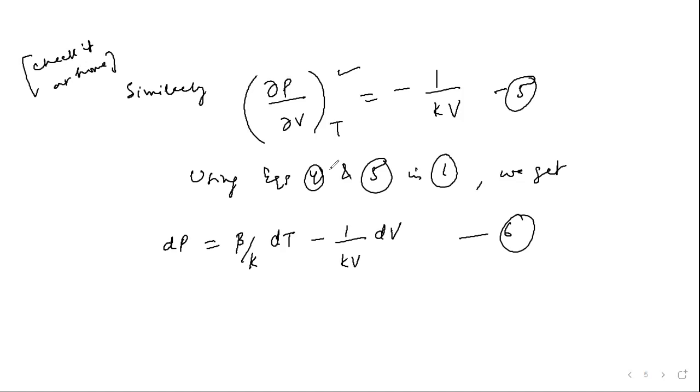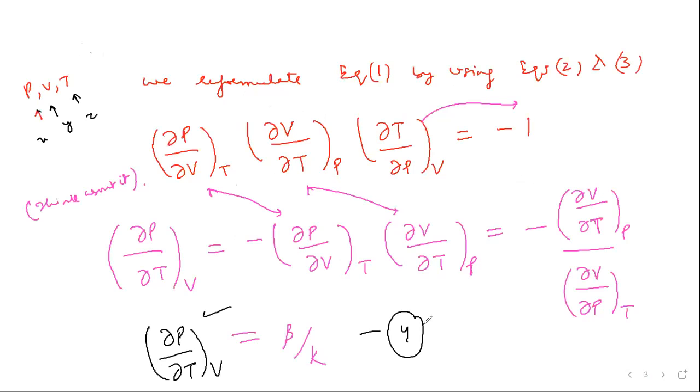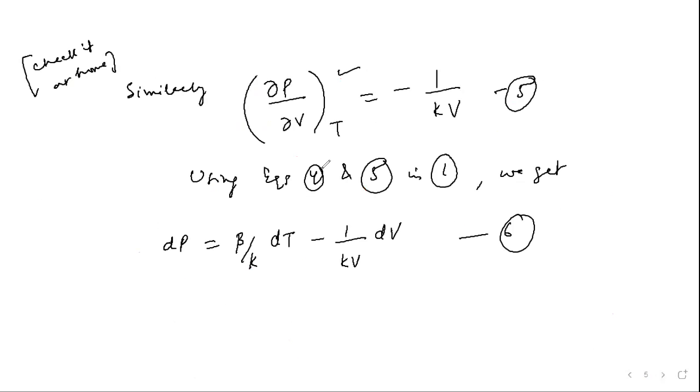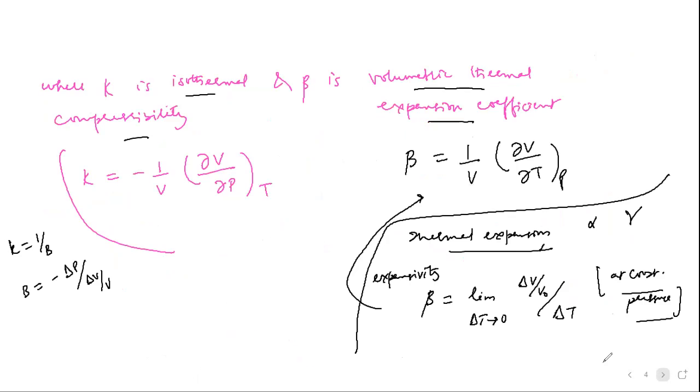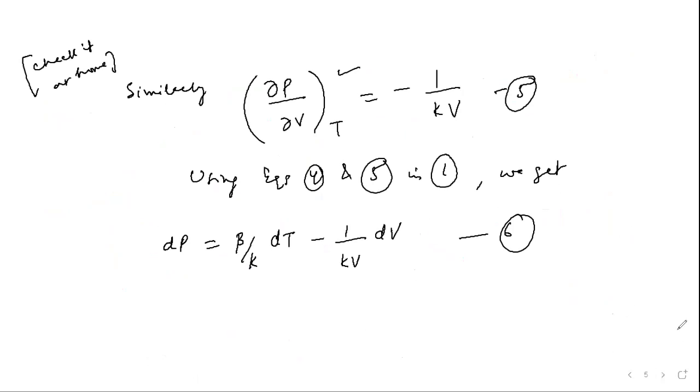And these partial derivatives, dou P by dou T at V and dou P by dou V at constant T, are abstract mathematical quantities. But you see how equations 4 and 5 connect these abstract mathematical quantities with the two experimentally measurable physical quantities, beta and K, right?